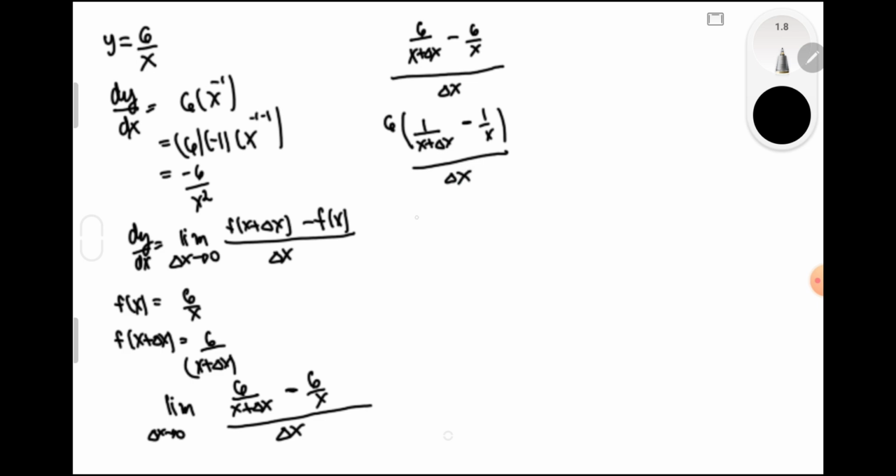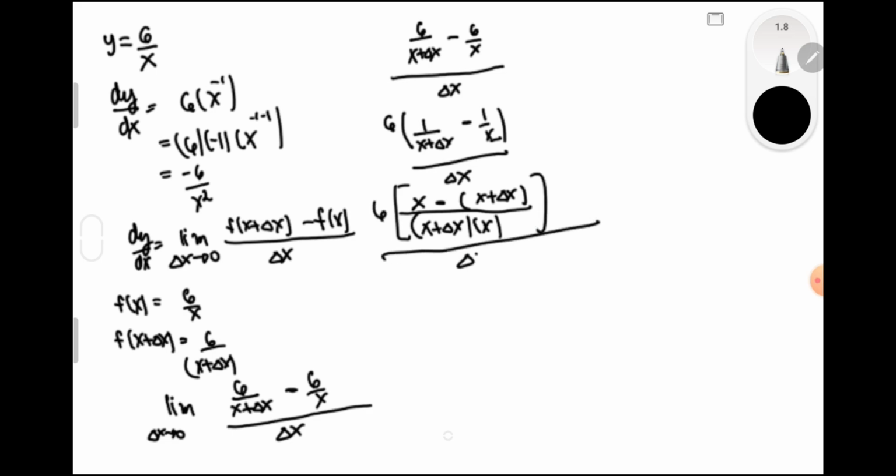Then by simply adding this, we will have a value of x plus delta x multiplied by x, so divided by, syempre, x plus delta x multiplied by x divided by x plus delta x is equal to x minus x plus delta x multiplied by x divided by x is equal to x plus delta x multiplied by our 6 divided by our delta x.